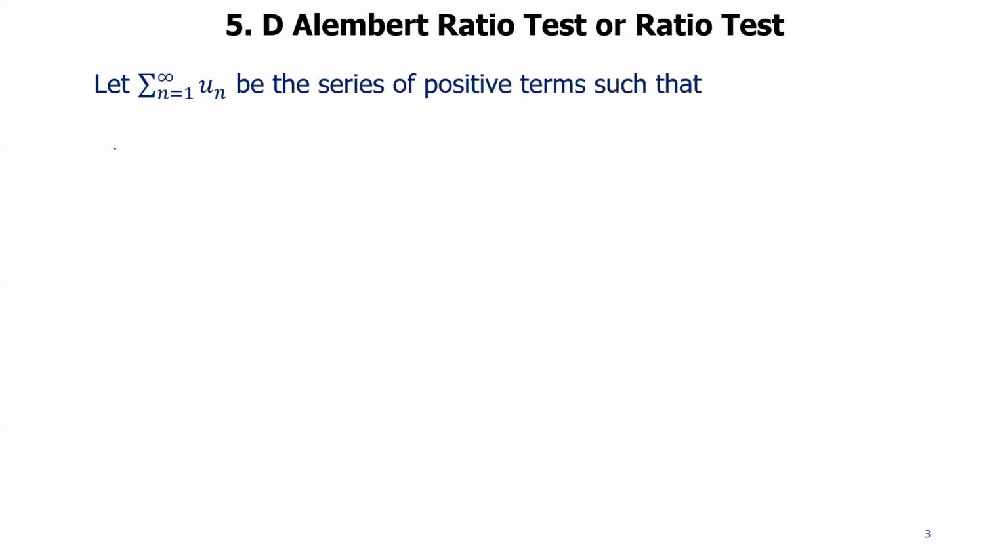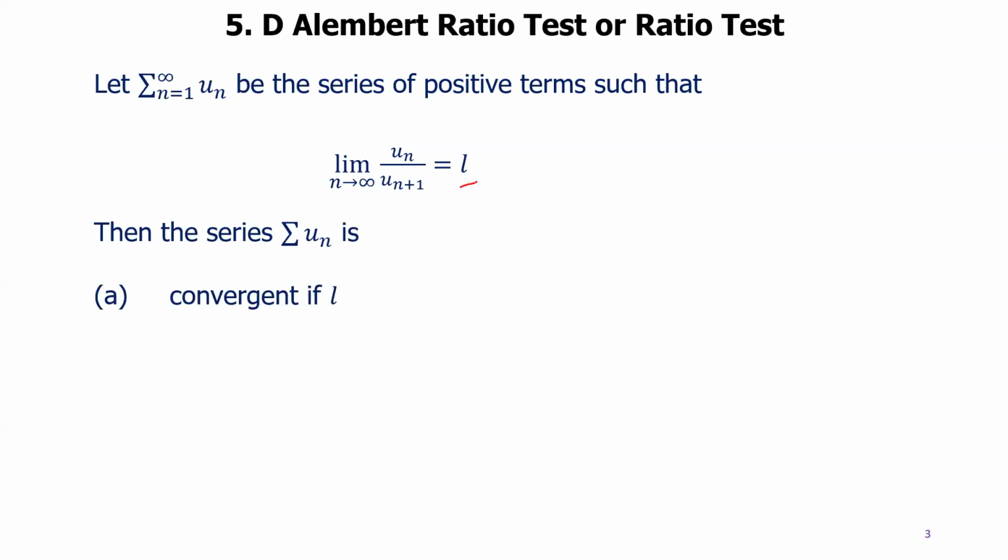Let the sum of un, n equal to 1 to infinity, be a series of positive terms such that the limit of un upon un plus 1 when n tends to infinity is equal to L. Then the series sum of un is convergent if L is greater than 1, divergent if L is less than 1, and the test fails if L is equal to 1.